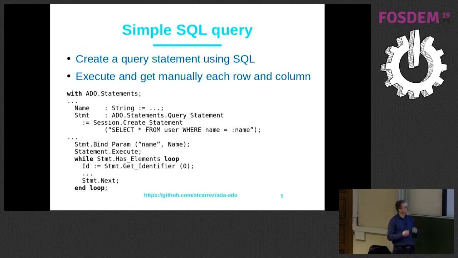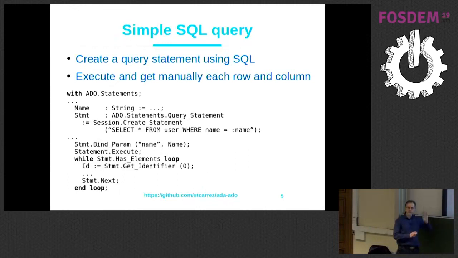This is my query statement. I will use the bind param to indicate the parameter I want to search. This will configure the name parameter, which is here. And then once my statement is ready, I just have to execute it.